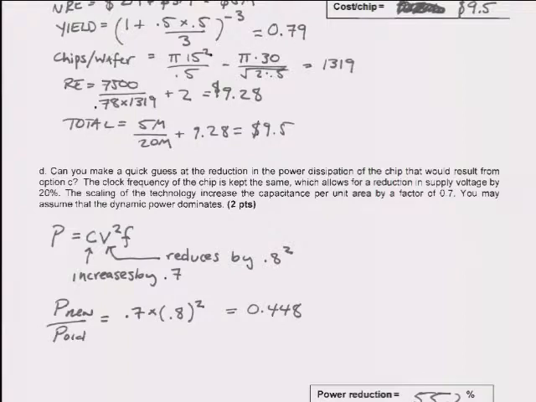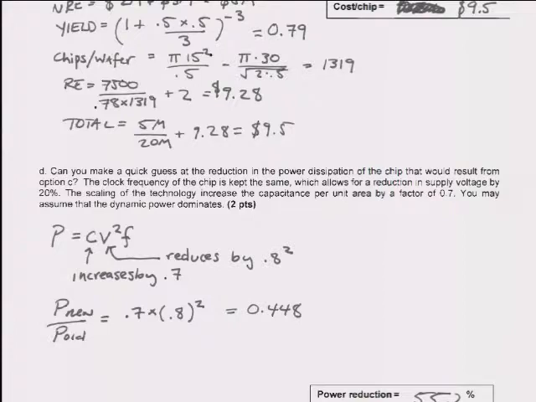So there is no change whatsoever in F. V squared: the new technology scales the supply voltage by 20%. So instead of 1 volt, it goes to 0.8 volt. 0.8 volt squared is a factor of 0.64 in power reduction, purely by voltage scaling.